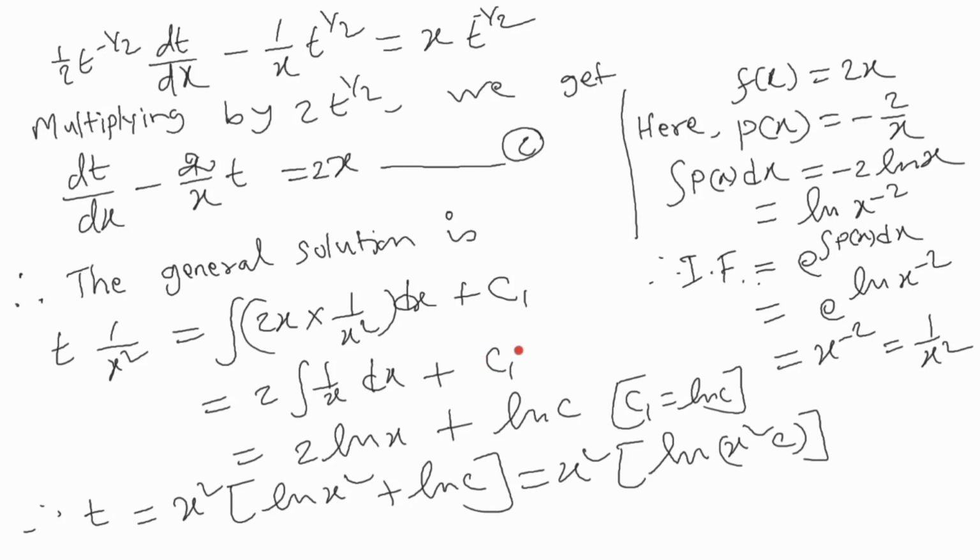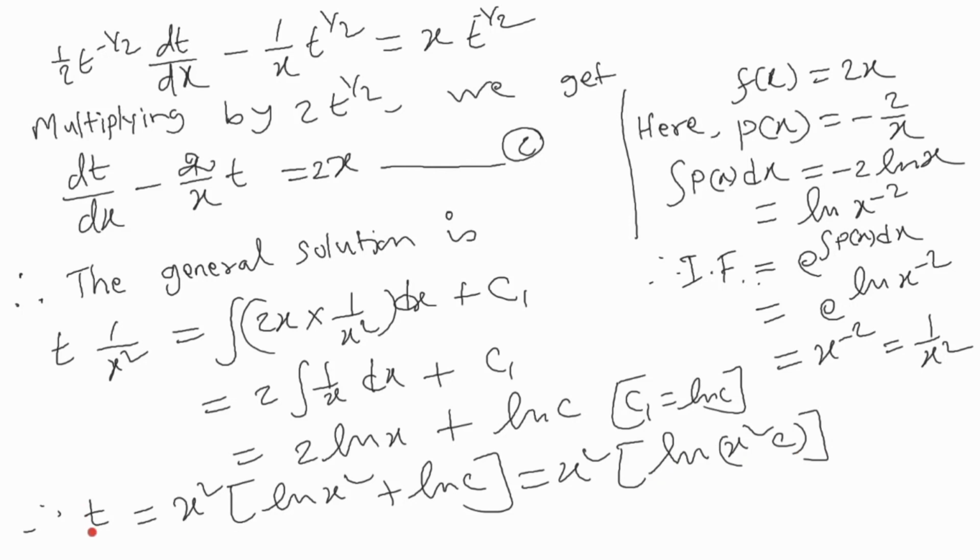For our convenience we write c1 equals ln c, as c1 is an arbitrary constant, so we can choose c1 equal to ln c. Now we apply the formula ln a plus ln b, so 2 ln x means ln x squared plus ln c. So t equals, multiplying this by x squared, x squared (ln x squared plus ln c). This is equal to x squared ln (x squared c).